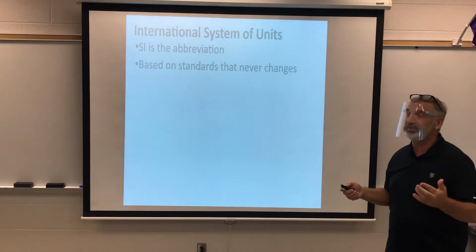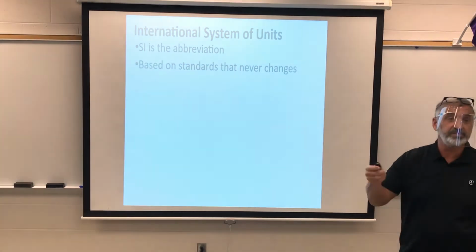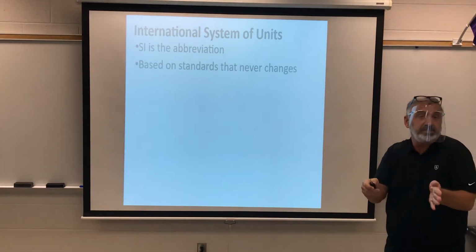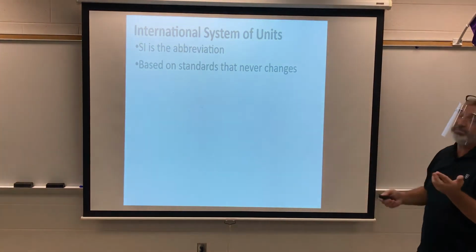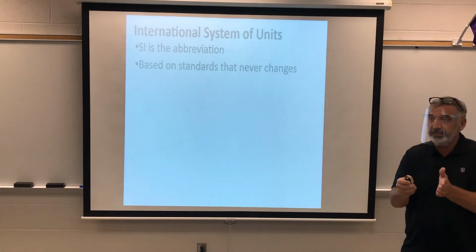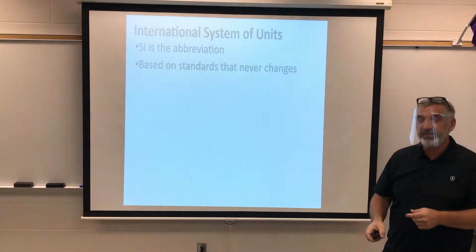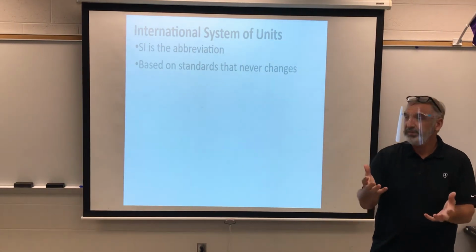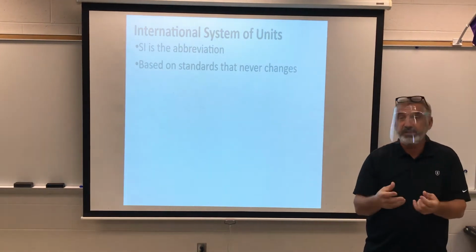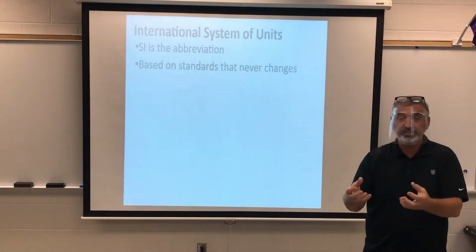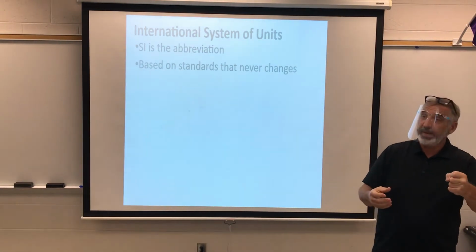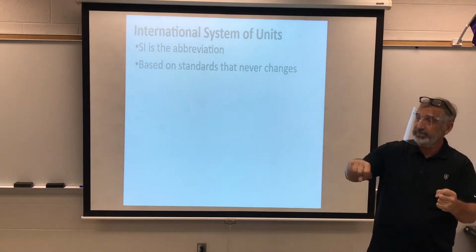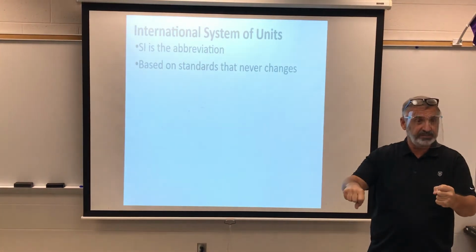We'll never have to know that, but there is a place in France that has the standards for everything, what a kilogram is and everything. But our system is all based upon the idea that you've got to have a standard. Back in the olden days when they would go to the market, they would have balances and you'd want to get a pound of rice or whatever. They put up what was supposed to be a pound on one side, and then they'd add the rice until it balanced out on the other side.